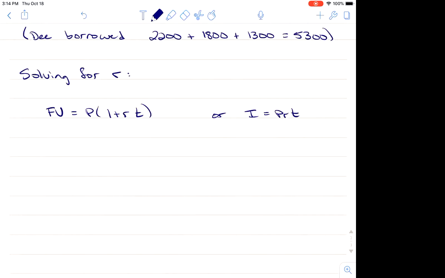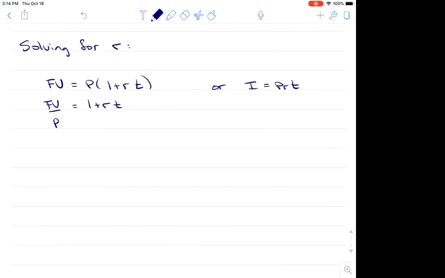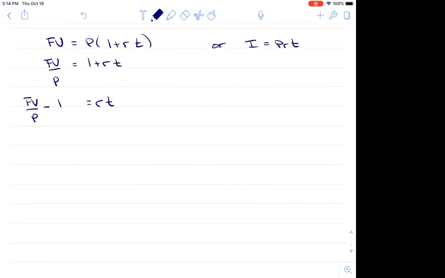We have to get R on its own, so we divide both sides by P, so we get future value over P is 1 + RT. We can ditch the brackets because they're not multiplying anything anymore. And then we have to subtract 1 from both sides, so future value over P minus 1 is R times T. Getting R on its own, we have to divide both sides by T. I like to write my R on the left-hand side.